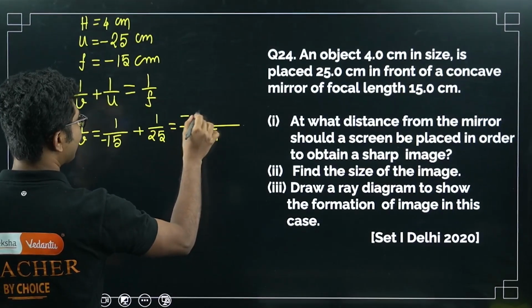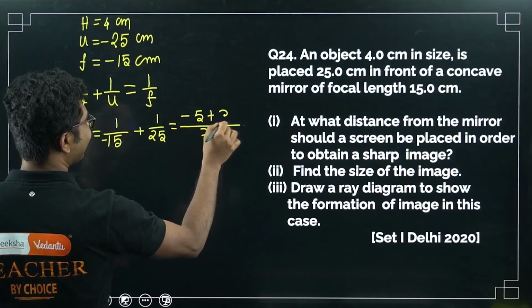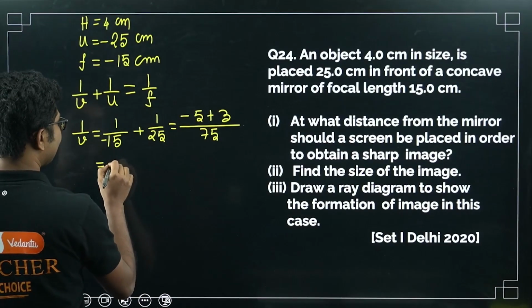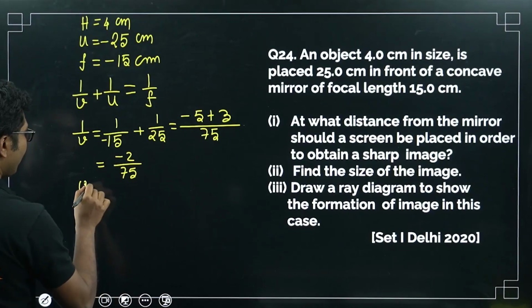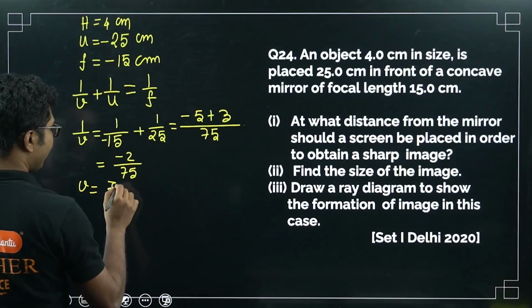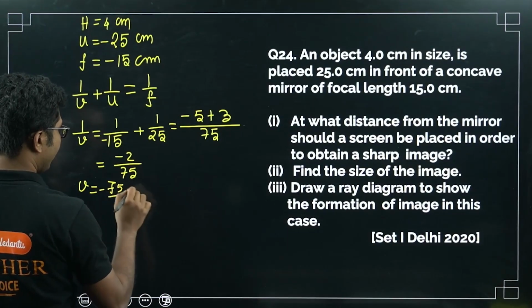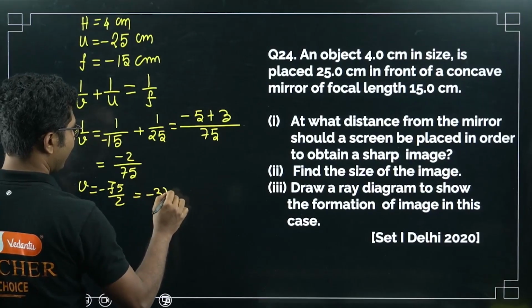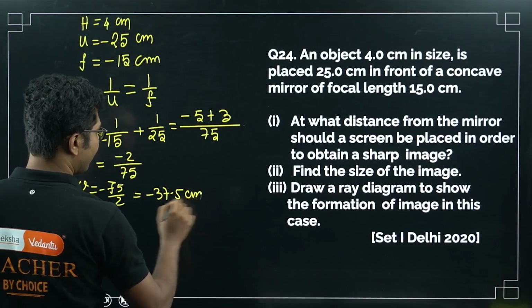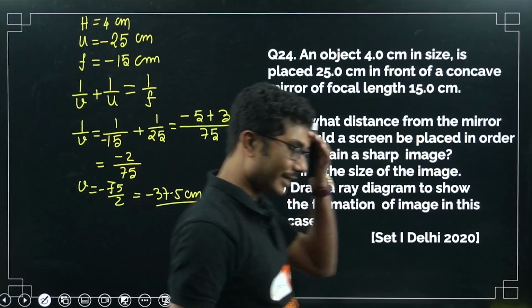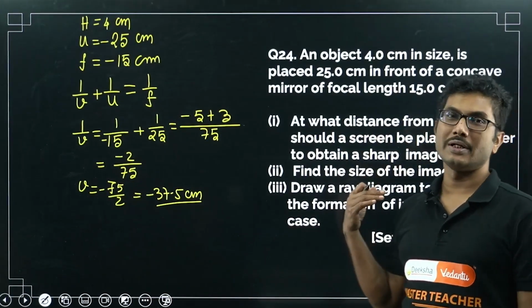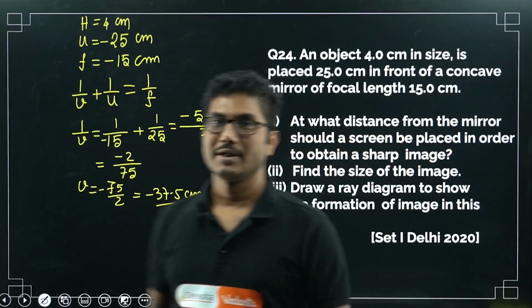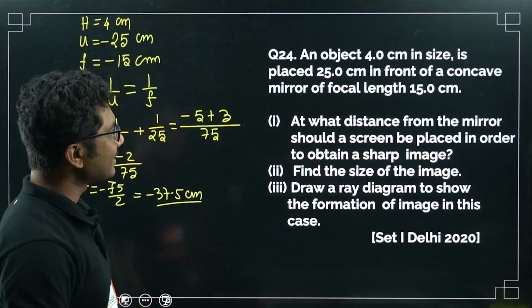So -5 plus 3 will be minus 2 by 75, or v equals 75 by 2, that is minus 37.5 centimeter. So you have to place the screen at a distance 37.5 centimeter from the mirror to obtain a sharp image, right? Next, find the size of the image.